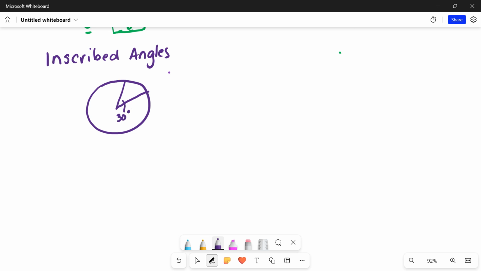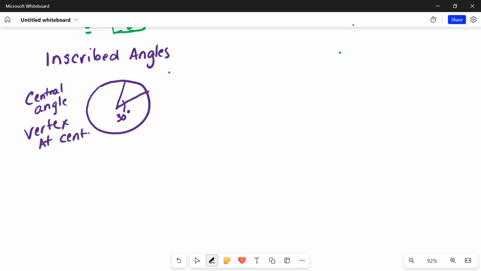This is going to be called a central angle. With this central angle, my vertex is at the center. And I want you to notice also that my sides of this angle are each the length of a radius.